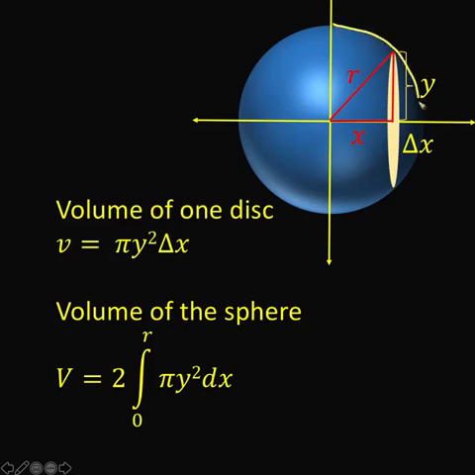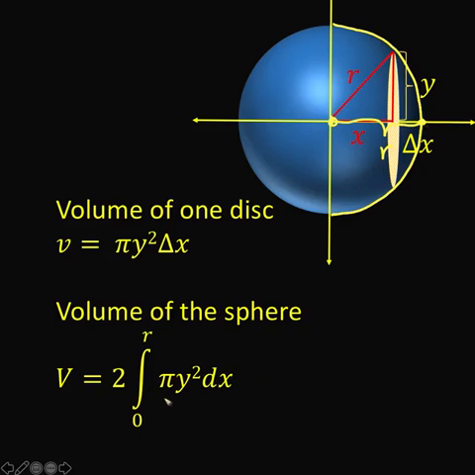So if we want to find out the volume of this sphere, first we are going to slice this sphere into tiny discs from 0 up to this point on the circle, which has this distance of r, and getting the volume of each of those discs from 0 to r.